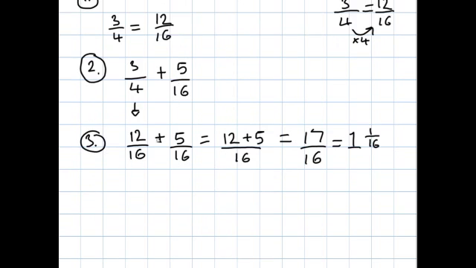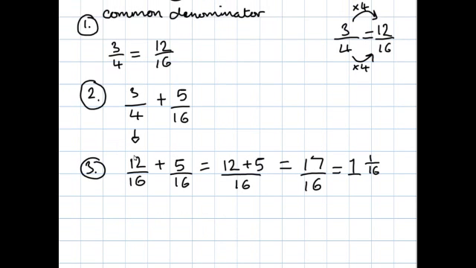Then our third step is to rewrite the calculation so that we are using those new fractions. So in this case, we change the 3/4 for its equivalent 12/16. Then we add together the numerators because the denominator is the same, and we keep the denominator the same, and that gives us our answer 17/16, or 1 and 1/16.